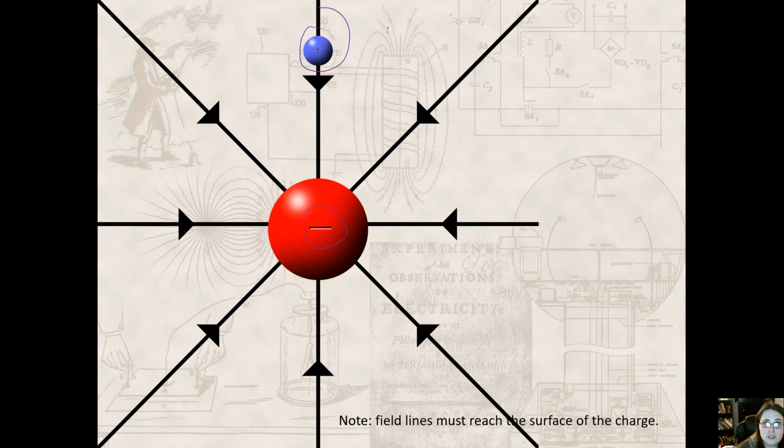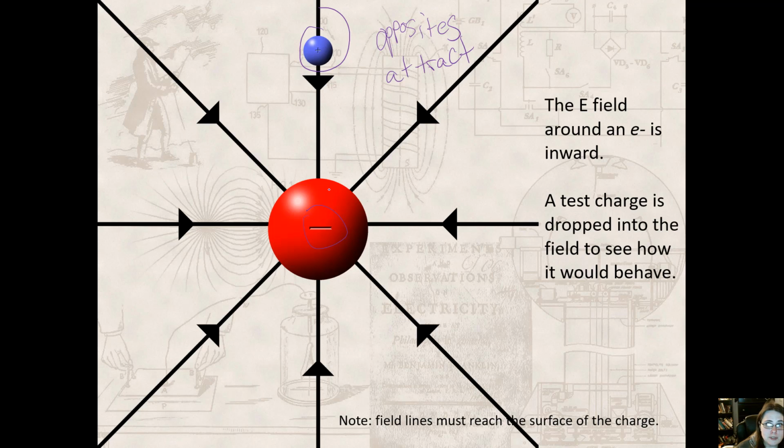Opposites attract, so the positive test charge goes toward the electron. The arrow points in the direction the positive charge will travel. So the electric field around an electron is inward.